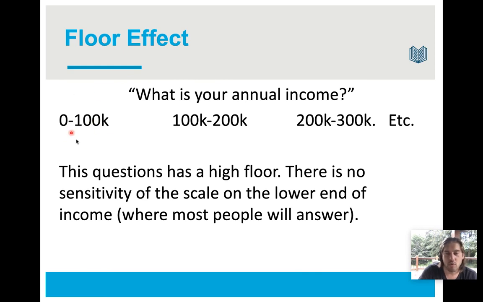The vast majority of Americans are going to make between $0 and $100,000 a year. I don't know exactly what the data are, but I'd assume it's something like 80% of people. I wouldn't be surprised if 80% of people make between $0 and $100,000 a year. And so you're taking those 80% of people and you're just making them all look the same, right? They all get the same category because your measurement is insensitive because of a floor effect.